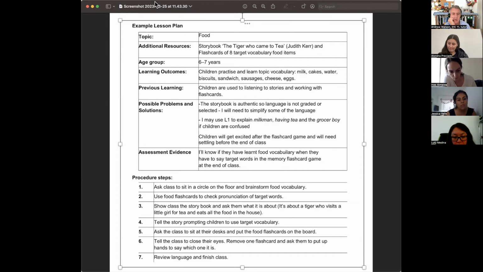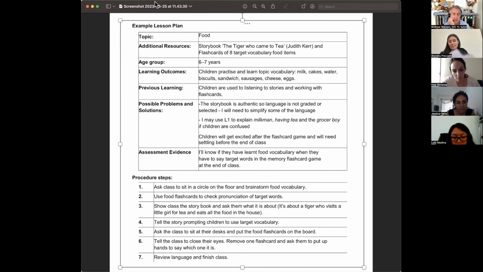Number 3, show the class the storybook and ask them what it is about. It's about a tiger who visits a little girl for tea and eats all the food in the house.